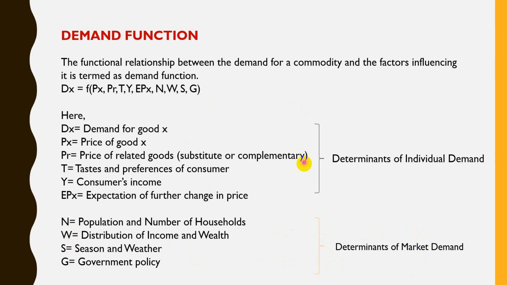All these determinants will be explained in our next video: the relation between the demand for a commodity and change in these determinants, and the effect on demand when there is a change in any one of these determinants, keeping other determinants constant.